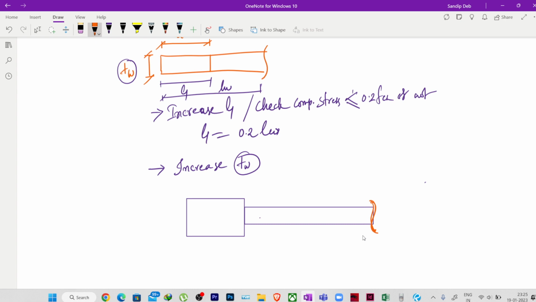Fine, so not a section mark, it is a continuous wall. So in the other direction also you will be having a boundary element. So here, this is my thickness of the boundary element and this is my thickness of the wall. This is my length of the boundary element, and from here to the other end of the boundary element, it will be my LW.